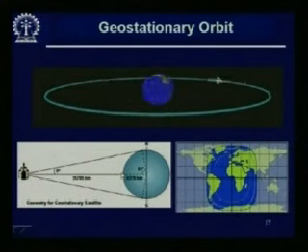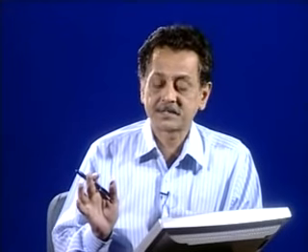As a matter of fact, it has been calculated that with 3 or 4 satellites you can cover the entire surface of the earth. But of course, 3 or 4 satellites would not be sufficient to handle the bandwidth that we require these days. And the other thing is that since this distance is so fixed, there is only one band in space where these satellites can be parked.